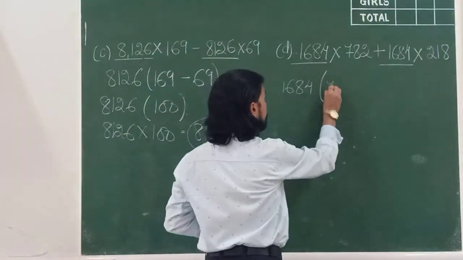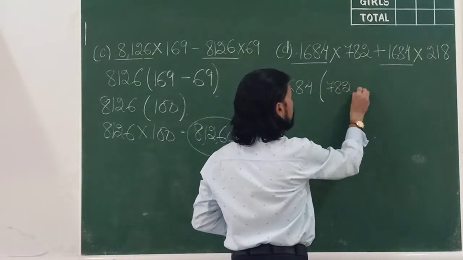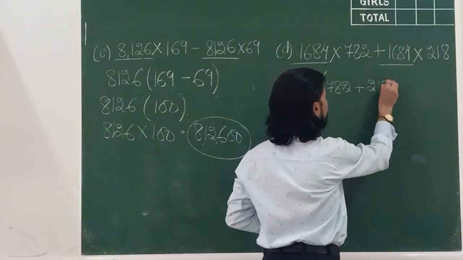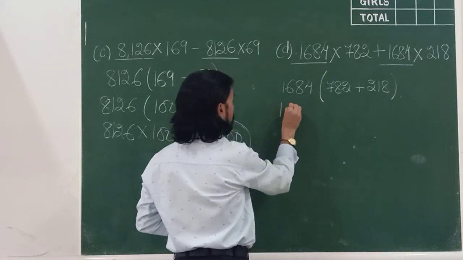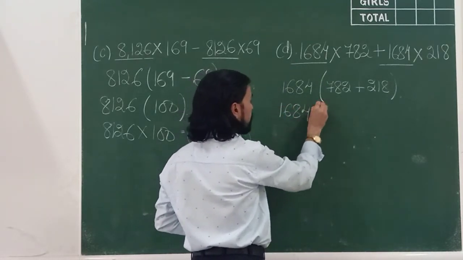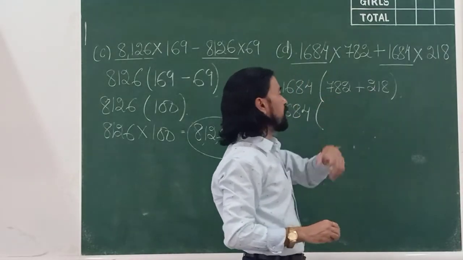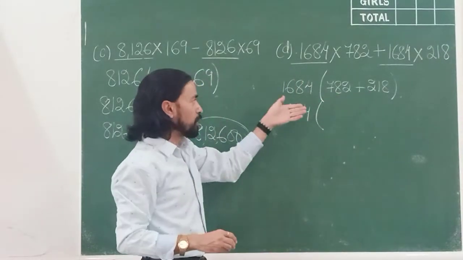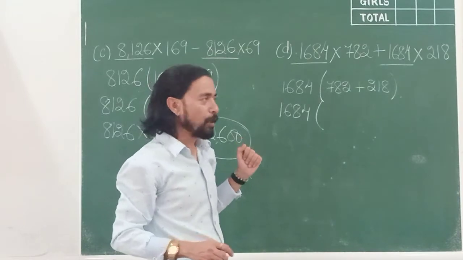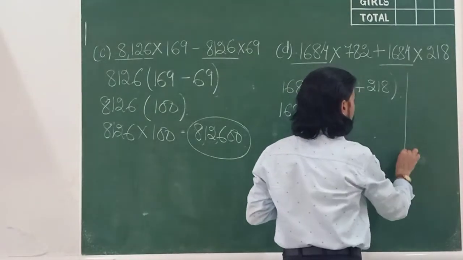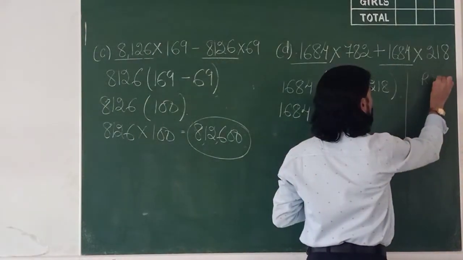So 782 plus 218. Now I take 1684 again, open the bracket, and I ask myself, 782 plus 218 gives me how much? Now either you can do it mentally or you can make a rough work for yourself and do it there.